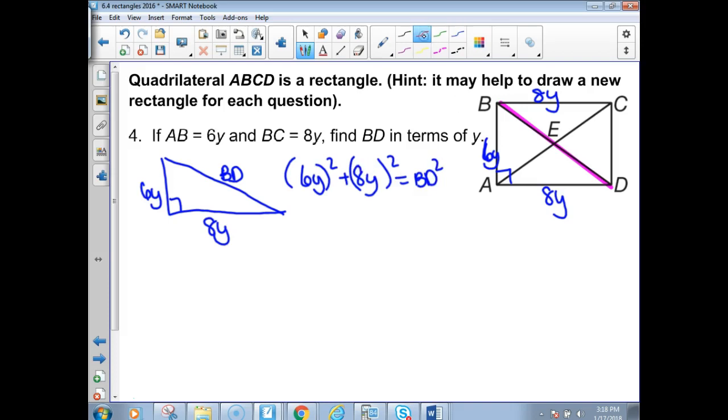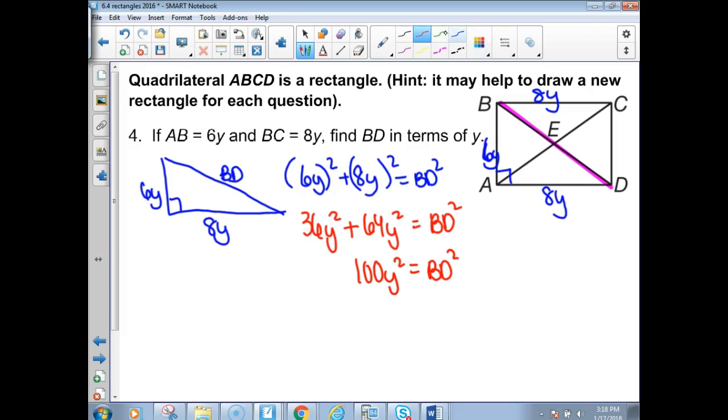This isn't going to be as hard as you think. 6y squared is 6y times 6y. That's 36y to the second. 8y times 8y would be 64y to the second. And then BD squared, I don't know what that is. I'm just writing it. 36y squared plus 64y squared is 100y squared.